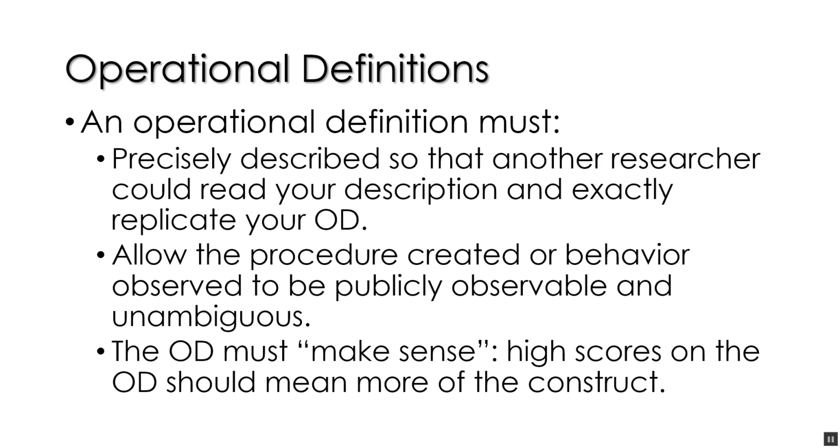One easy way to define unambiguous is to say that we need to create numbers from any operational definition. So, for example, in my operational definition about helping behavior, we have several boxes that the researcher wants the subject to help them move, and we count the number of boxes that the subject picks up and carries for the researcher.